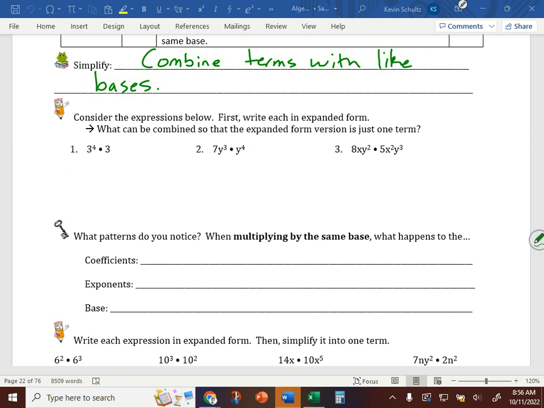It says, consider the expressions below. First, write each in expanded form. And then, ultimately, what can be combined so that the expanded form version is just one term. So, 3 to the 4th times 3. What's 3 to the 4th in expanded form? 3 times 3 times 3 times 3. And then we're multiplying that by another 3.